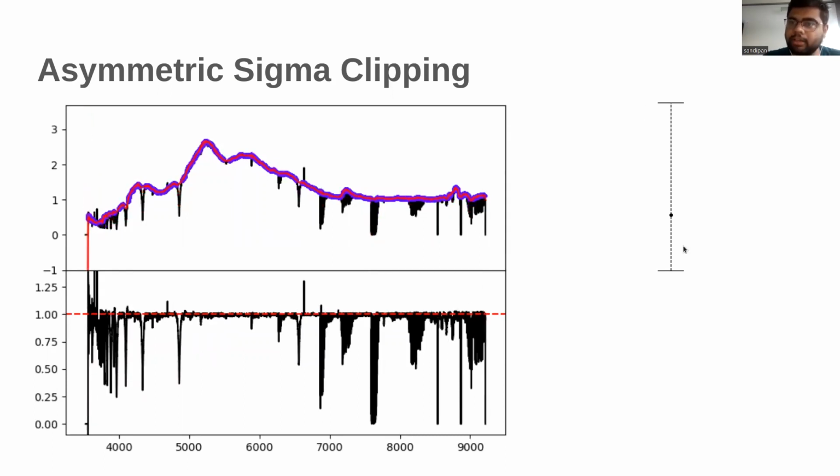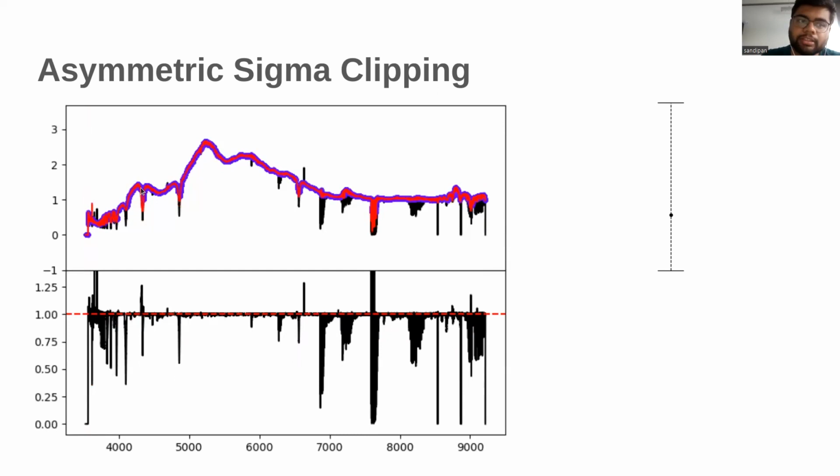So if you see here on the right, it will take all these data points which are between 3 sigma above the average, and take all the data points which are between the average and the 1 sigma. So as you can see, there is an asymmetric choice here, and that will remove these absorption lines from the spectrum.